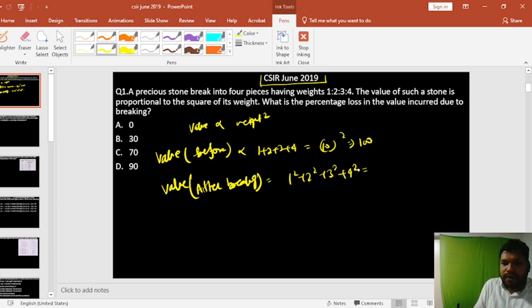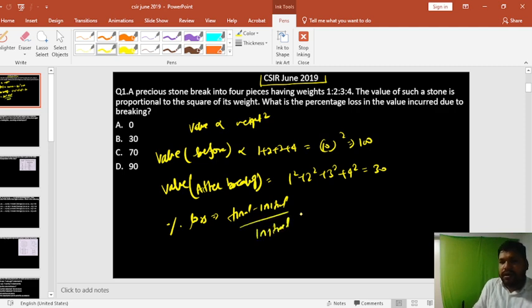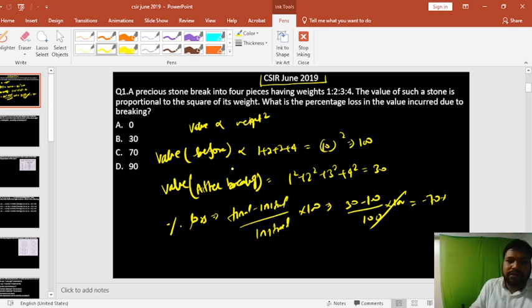If you add them, it will be 30. Then what is the percentage loss? Percentage loss is nothing but final minus initial divided by initial into 100. So 30 minus 100 divided by 100 into 100 is minus 70%. There is a 70% loss. Minus indicates loss here.